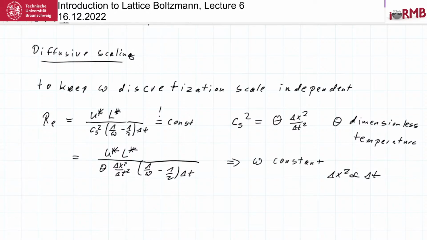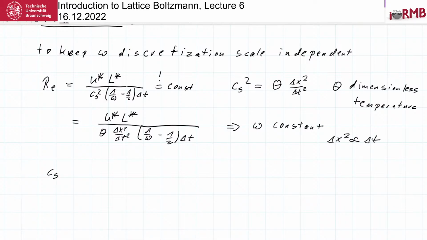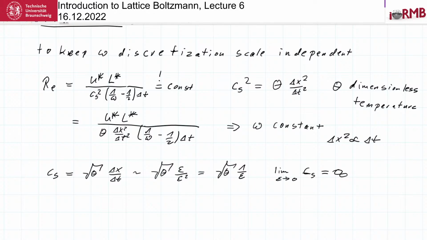Which now means that cs, being the square root of theta times delta x divided by delta t, is then obviously square root of theta times epsilon by epsilon squared, meaning this is square root of theta divided by epsilon, and this means that the limit of epsilon going to 0 of cs is infinity.